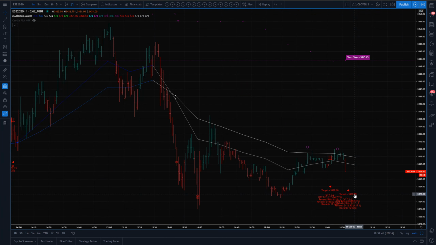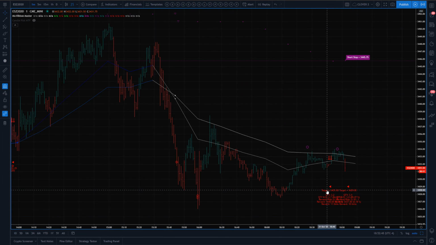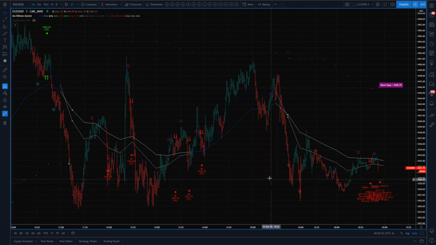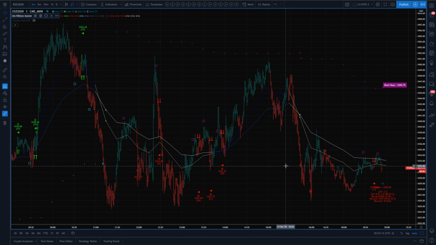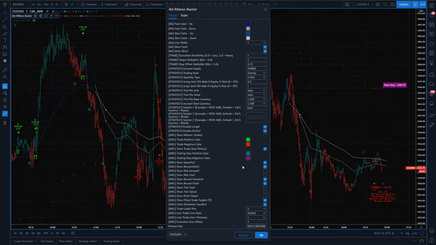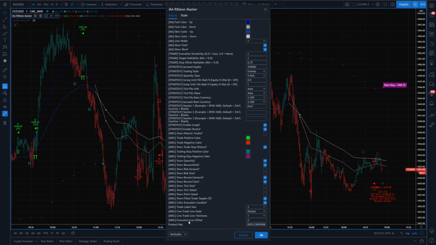If this trade actually formed, this previous text will go away into the more condensed version for convenience. If you want to turn on all of the trade history, you can toggle that to show the entire trade history. Let me find that here. Show historic trades.